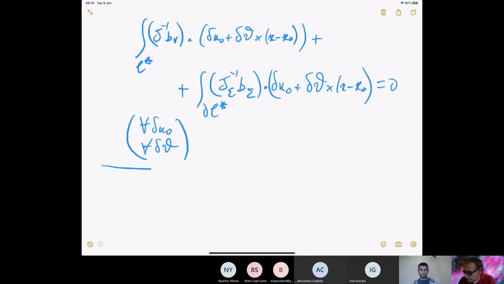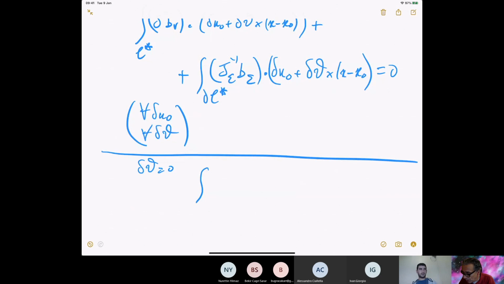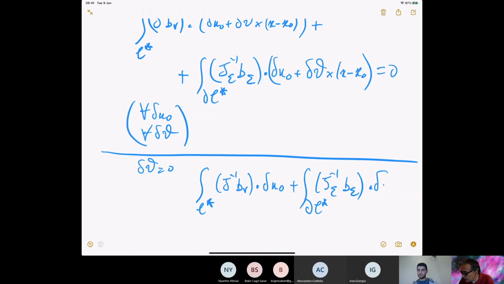Okay, so what I do? I consider delta theta equals 0. I start with this. And what I get? I get integral over C star of J minus 1 b dv dot delta U0 plus integral over the boundary of C star of J minus 1 sigma b sigma dot delta U0. And this is equal to 0 for every delta U0.